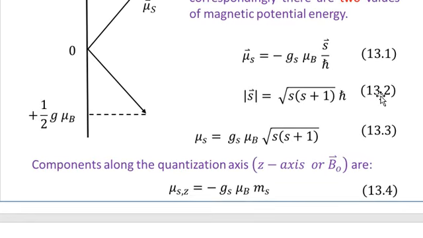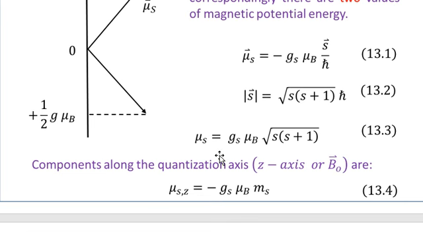So now I am going to represent the spin magnetic moment in magnitude form as shown in equation number 13.3. For that, I am going to take the magnitude of equation number 13.1, and then plug in the magnitude of the spin angular momentum from equation number 13.2 into equation number 13.1, and then I obtain equation number 13.3.